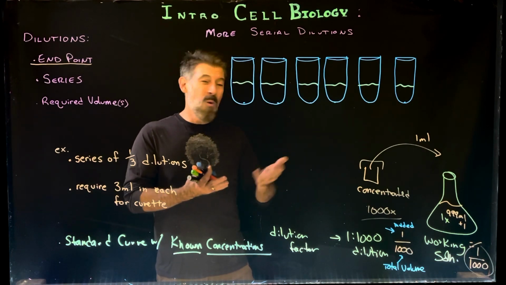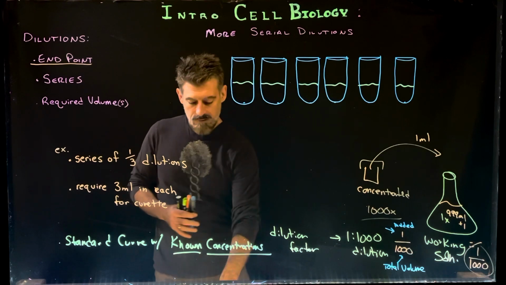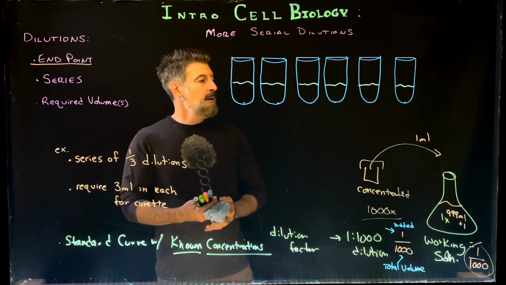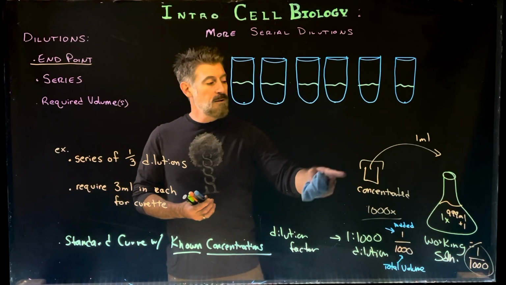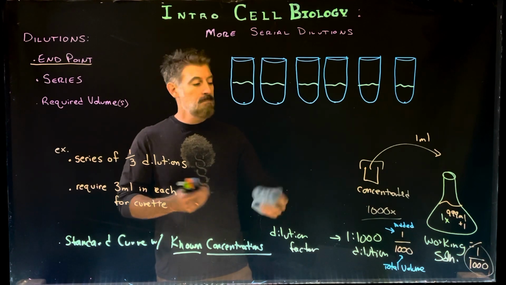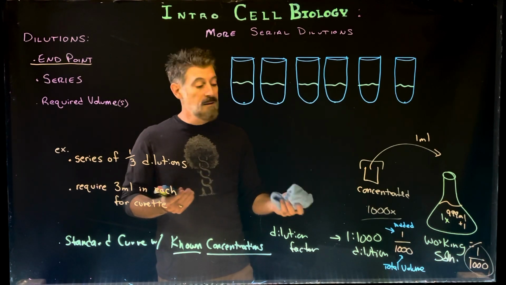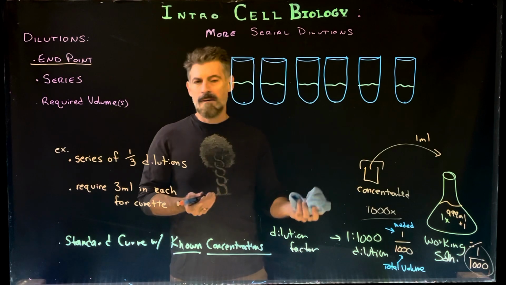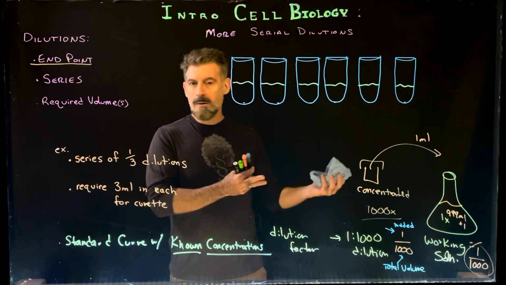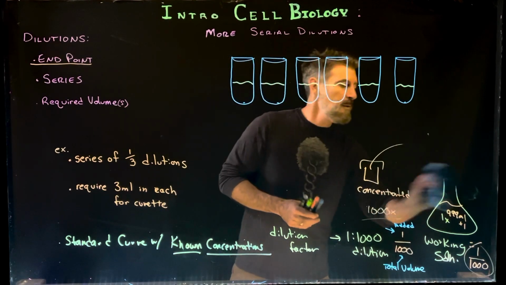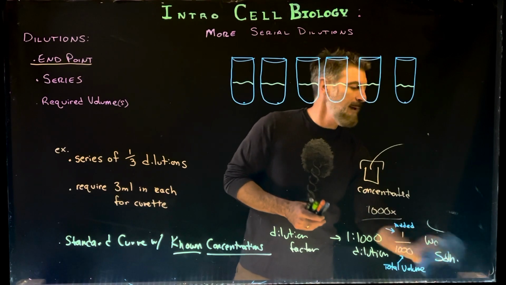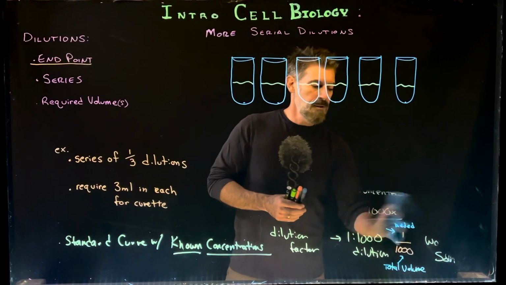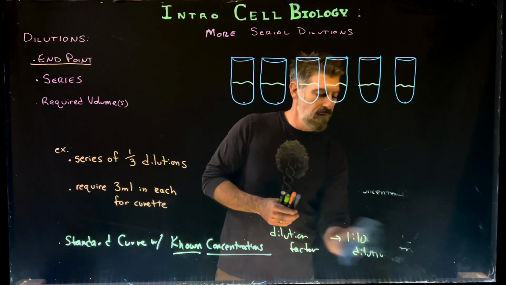And so you really wasted a lot of solution. Potentially, maybe you still use 1 mil of the original, but that extra is hazardous and you have to dispose of it in a special way. So you don't want to have to do that. So you might do it a different way. So that's where we get the series. So we can perform a larger dilution and end up with a smaller volume in the end.